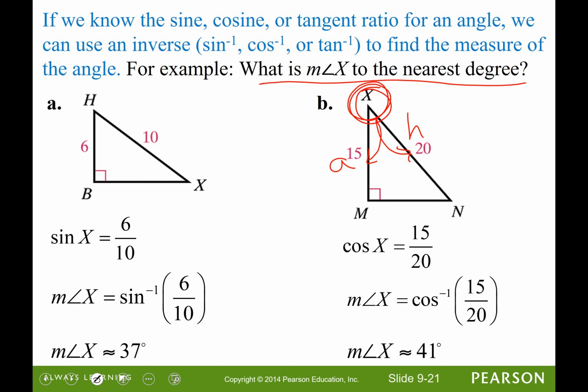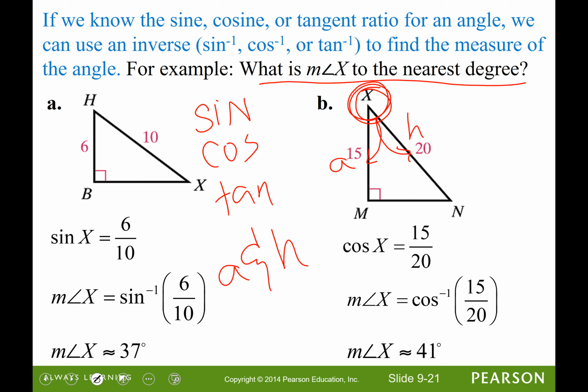Now I ask myself, which trigonometric function, sine, cosine, or tangent, is dependent on the 2 letters that I wrote, A and H?